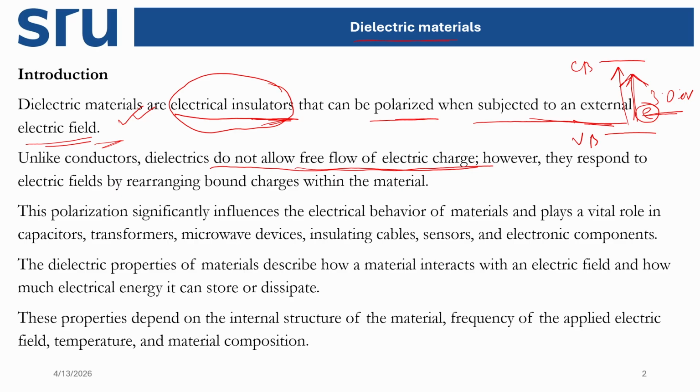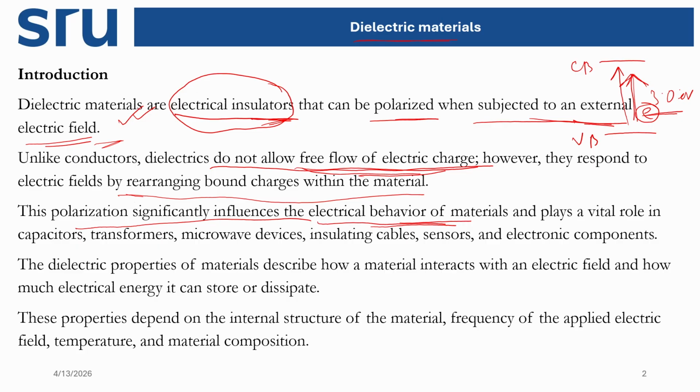So that is the dielectric material. The material does not have a free flow of electrons or charges, but when we place it in the external electric field, the localized charges orient themselves in a different way, so the compound becomes a polarized compound. This is called the dielectric substance. That polarization is happening due to the external electric field.